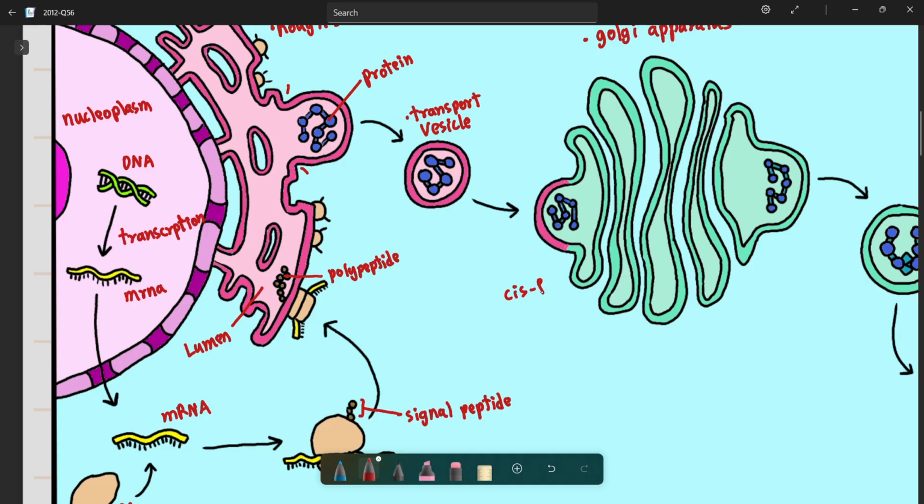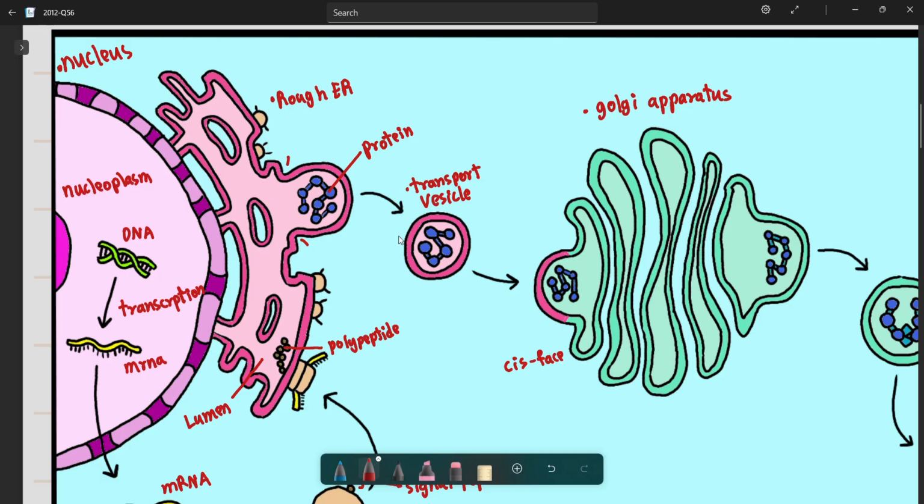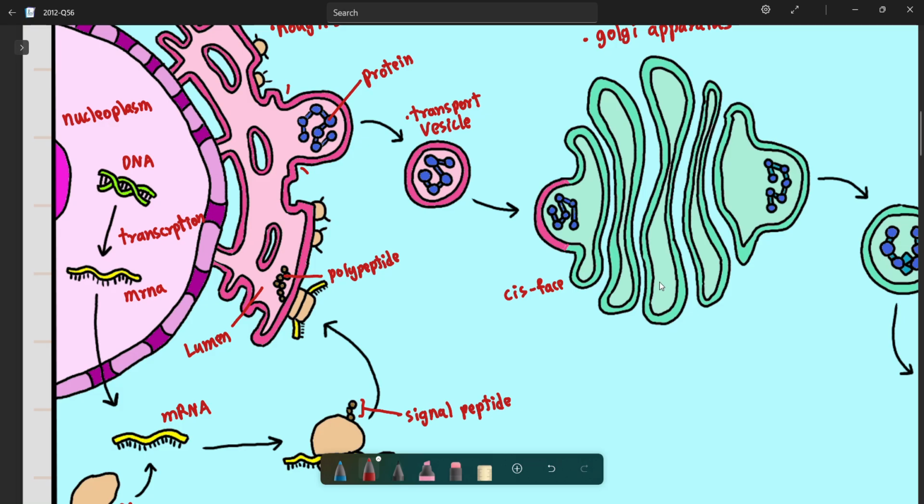This first part of the Golgi apparatus, where the transport vesicle first meets, is known as the cis phase. It fuses inside, and the transport vesicle membrane becomes a part of the Golgi apparatus membrane.